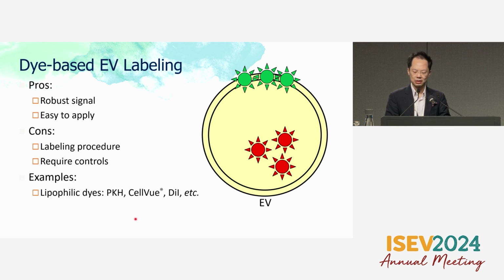Some examples are the lipophilic dyes, including PKH and Sulfo dye. I know there are new dyes out there. There are also other dyes such as Calcein AM or CFSE, and I think there are a couple of good papers comparing how the different labeling dyes work. I think there's one paper that suggests that CFSE is one of the better ones. So go read the paper and decide for yourself.